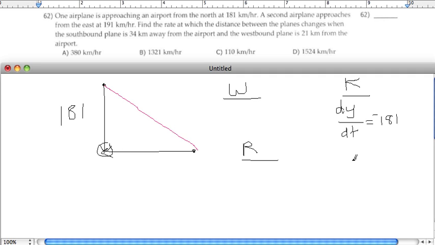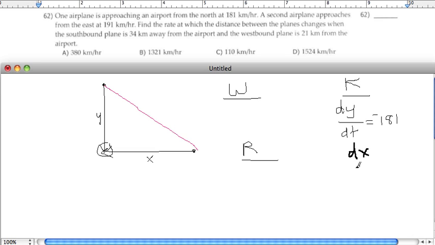So here's your x, and then here's your y. Let's get rid of that 181 right there. So x and y, and then our dx/dt, that's great.